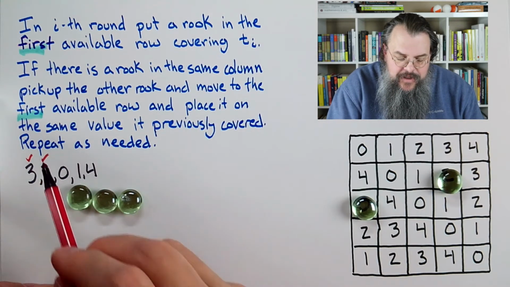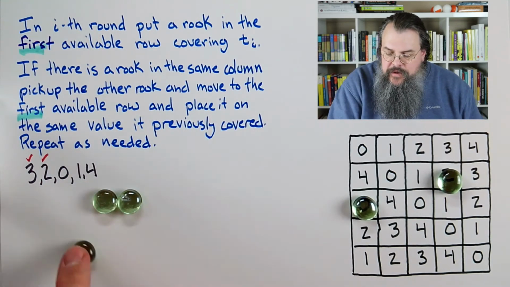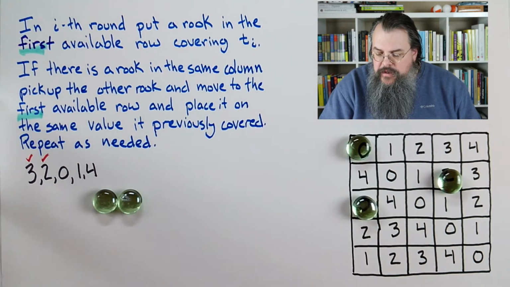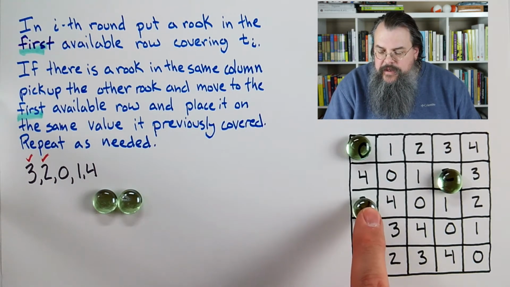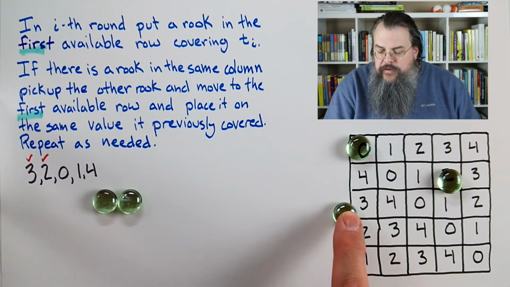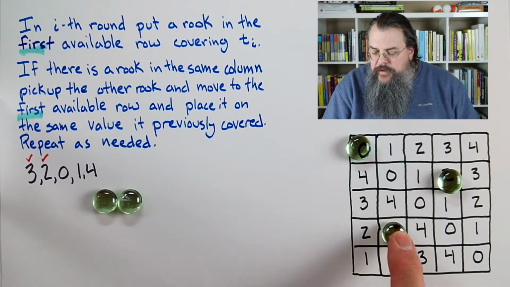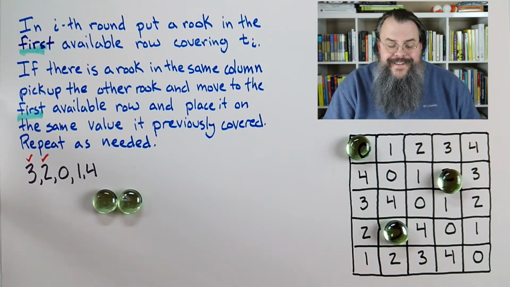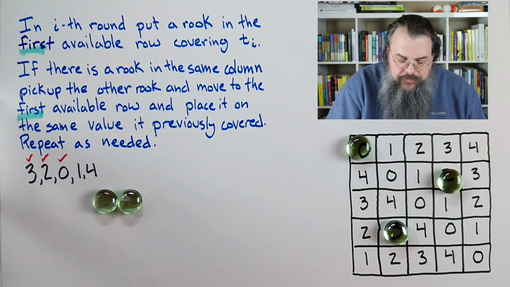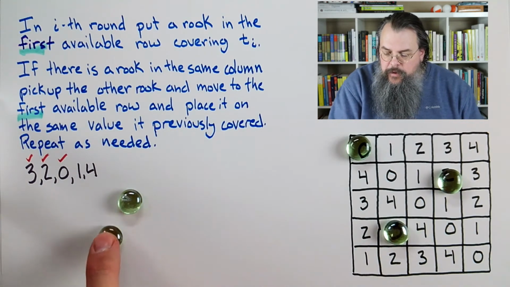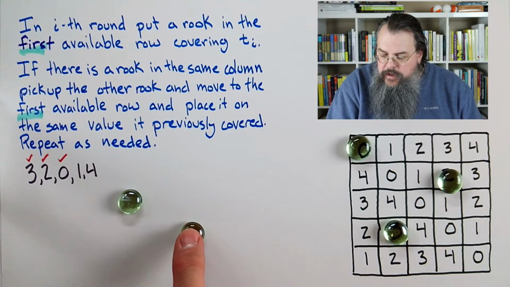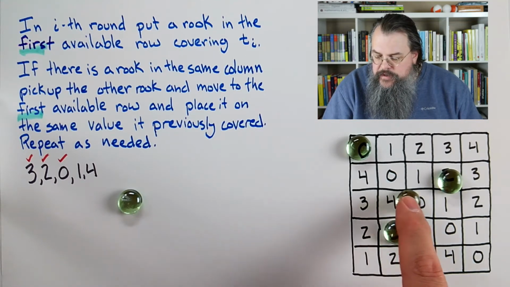All right. Next up, 0. So we go to the first row available. Another conflict. So we need to move this one. It's on a 3. Next available row, cover the 3. Done. Okay, next up, a 1. All right. Well, we go and we put it in the first available row.